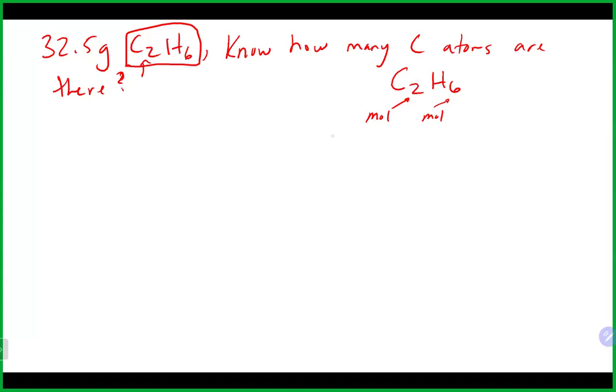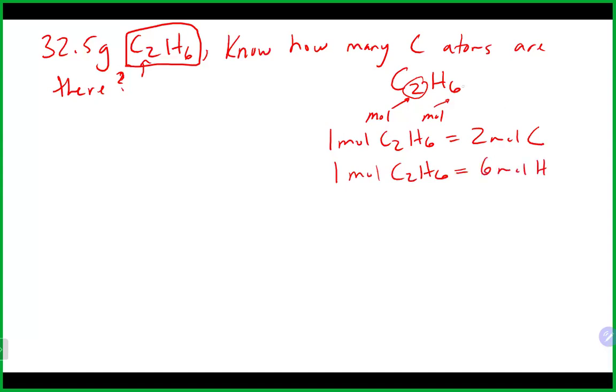So we could say, for example, in 1 mole of the entire thing, there would be just 2 moles of carbon. And again, that simply comes from the formula and the number it goes with, right? We could also say in 1 mole of this entire thing, there would then be how many moles of hydrogen? There would be 6 moles of just hydrogen. And again, that comes from the actual formula and the subscript that is there.